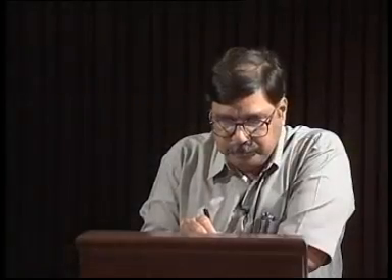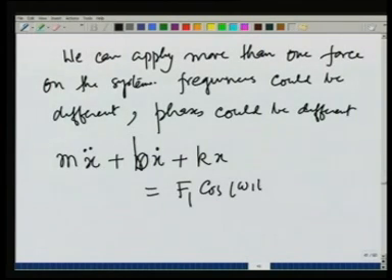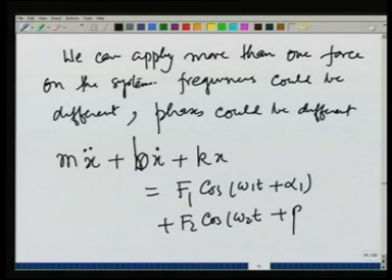As I said in the beginning of the lecture, a general periodic force can be a sum of many different frequencies. So, let us say I have applied two forces, sorry, this should be m x double dot plus b x dot plus k x equal to two forces, F1 cosine of omega 1 t plus alpha 1, where alpha 1 is a phase, plus F2 cosine of omega 2 t plus beta.